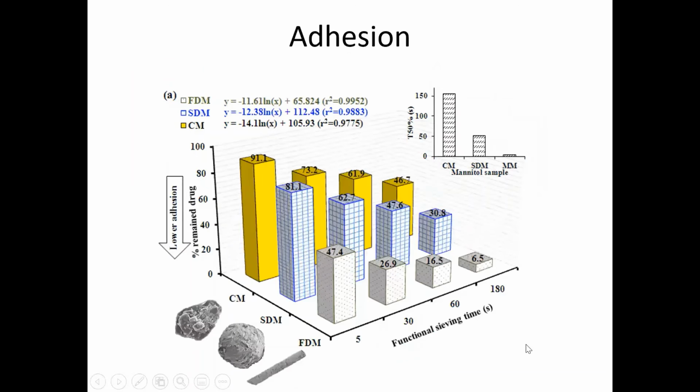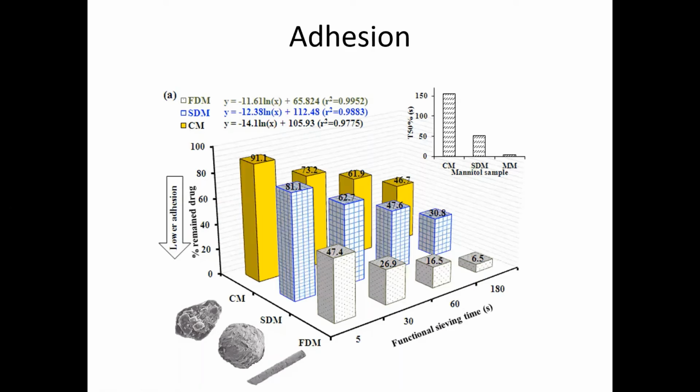What we did, in order to measure the adhesion between drug particles and carrier, we mixed the salbutamol sulfate with carrier formulations, and we used an air-jet sieve. In the air-jet sieve, we used a sieve with an aperture size of 20 micrometers.